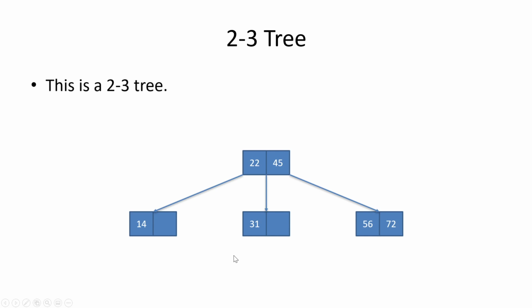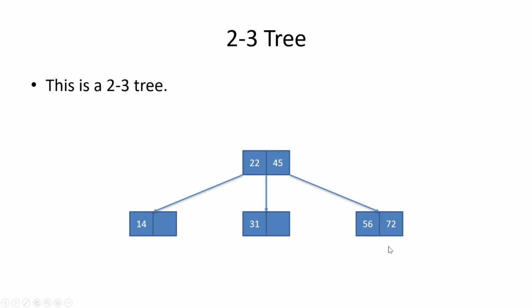What else do we see here? Well, we can see that the binary search tree value is maintained here. So we have this node here, 22 45. The node to our left here only contains keys with value less than 22. The one here that's pointed to by our middle child has to have values that are between 22 and 45.